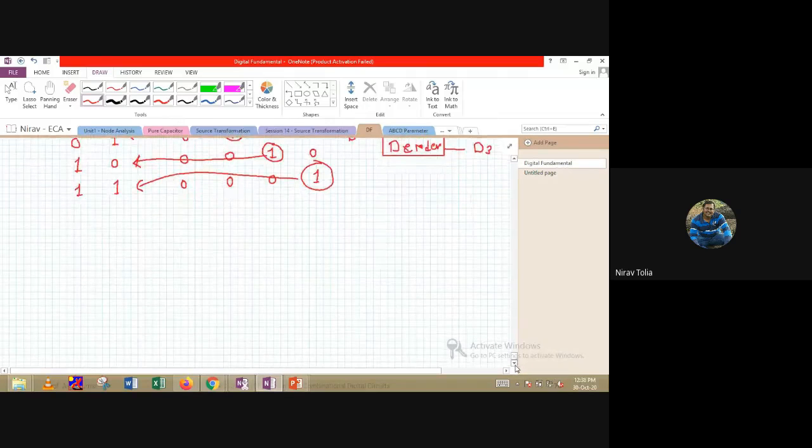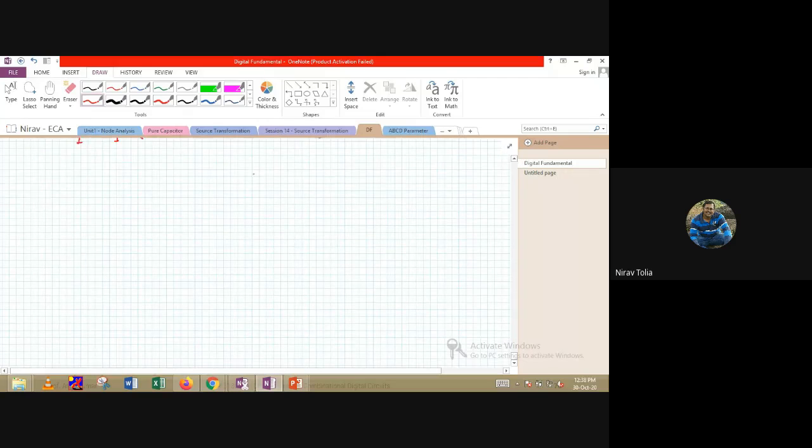Okay, so now we have to draw the logic diagram. Let's draw the logic diagram of the 2-line to 4-line decoder.